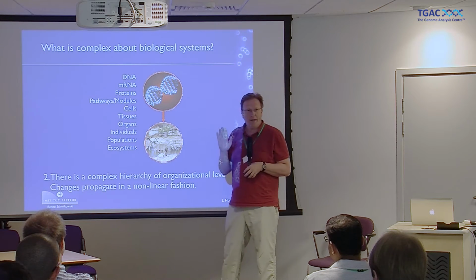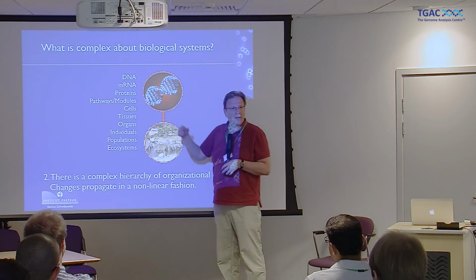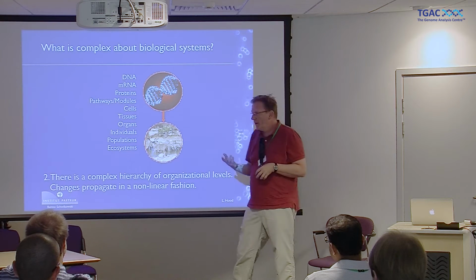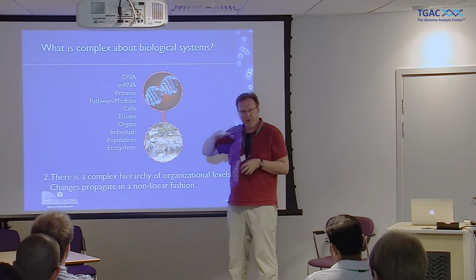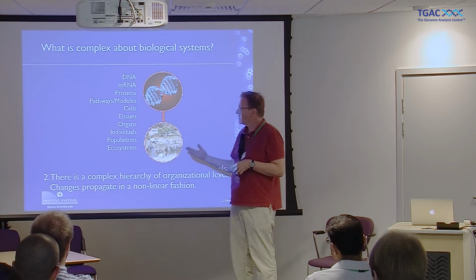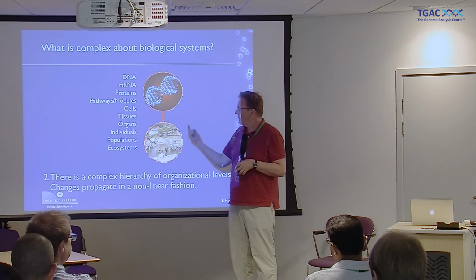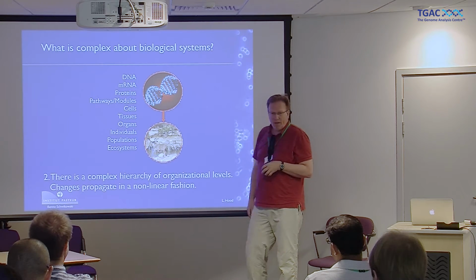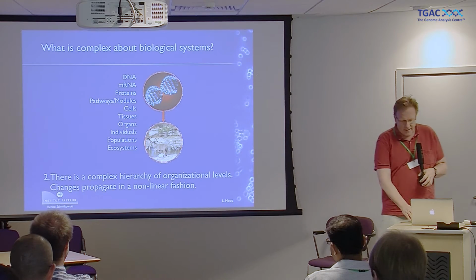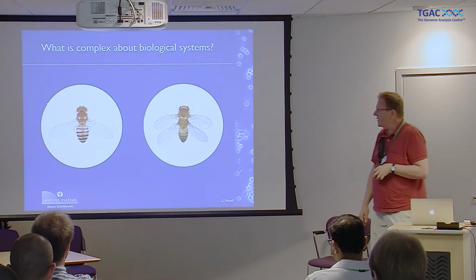And also, unlike engineering, it's the lower levels that are then shaped by evolution. So all of these are different levels at which you can look at your biological systems, but they're all connected in both ways, and it's not necessarily a simple relationship, as this example shows you.